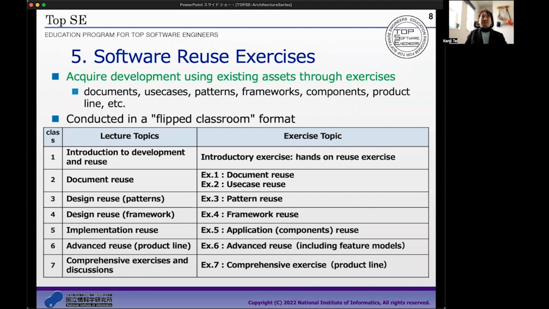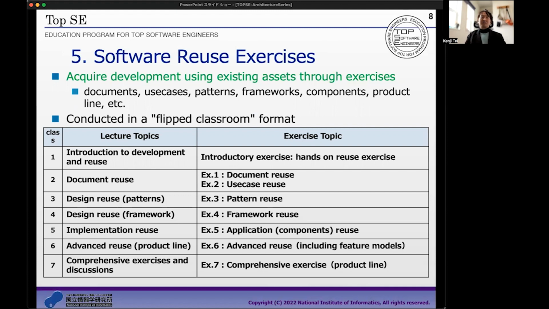The last course is the software reuse exercise. So far, the students have studied a couple of reusing techniques, including, for example, patterns, but there are many other types of reusing techniques for supporting software development, such as document reuse, use case reuse, pattern reuse, framework reuse, component reuse, product line reuse. So those many types of reusing techniques can make software development efficient.